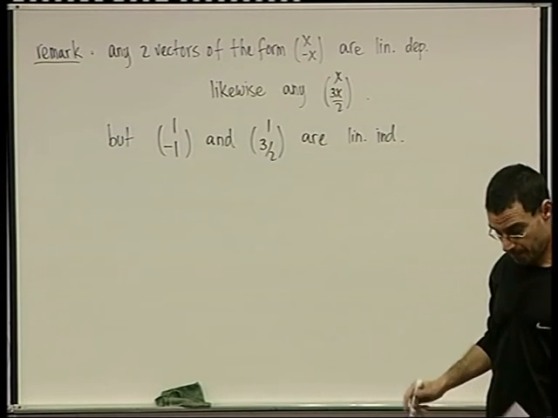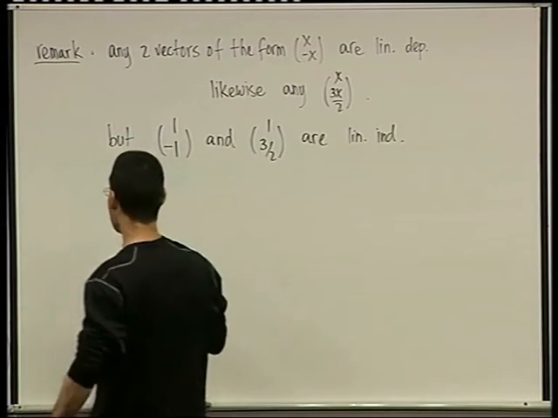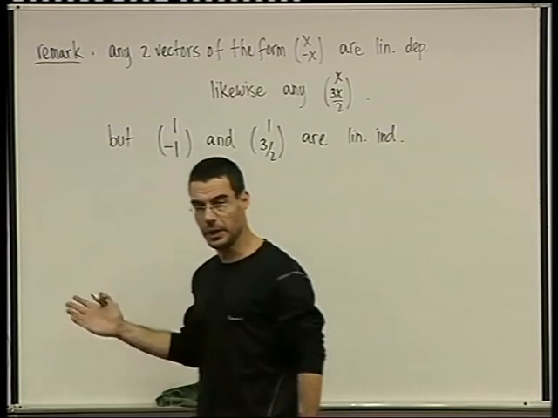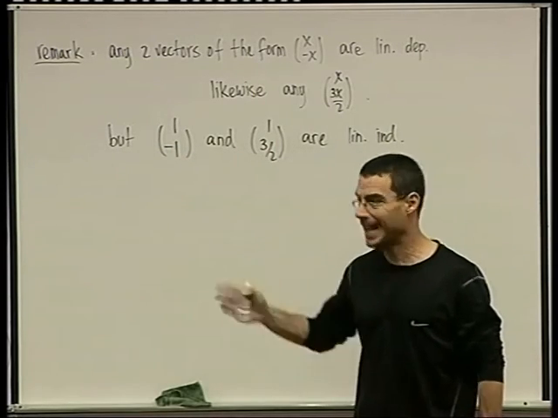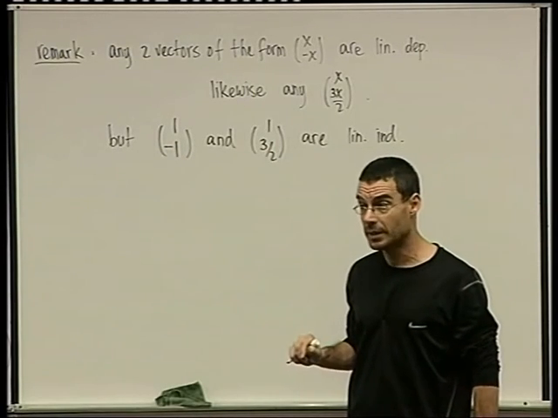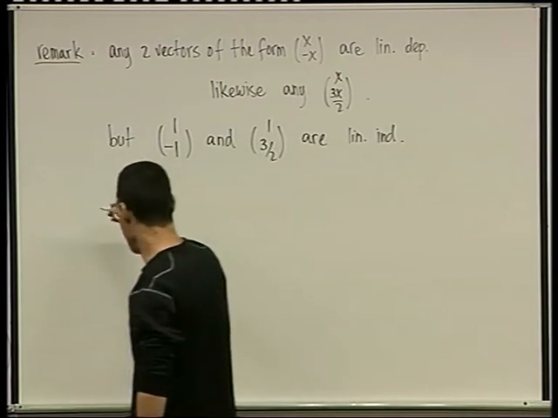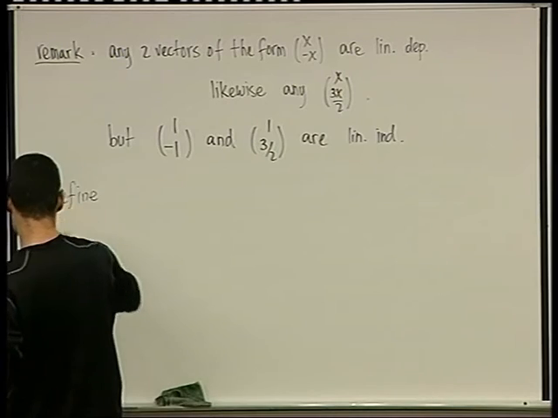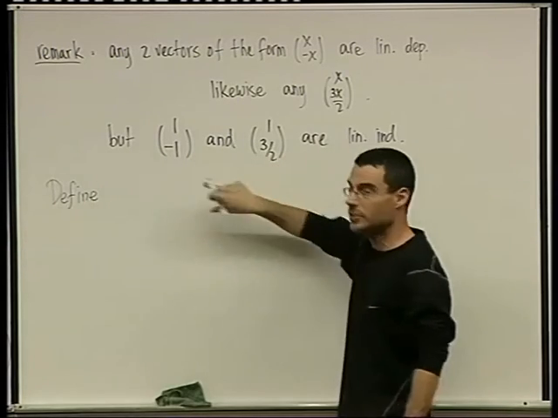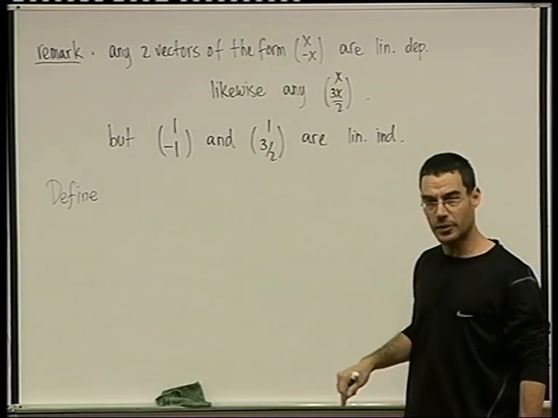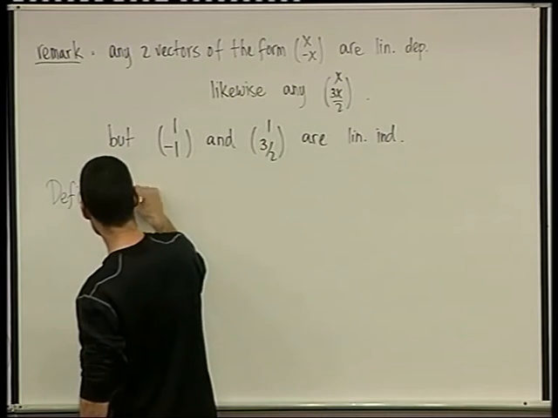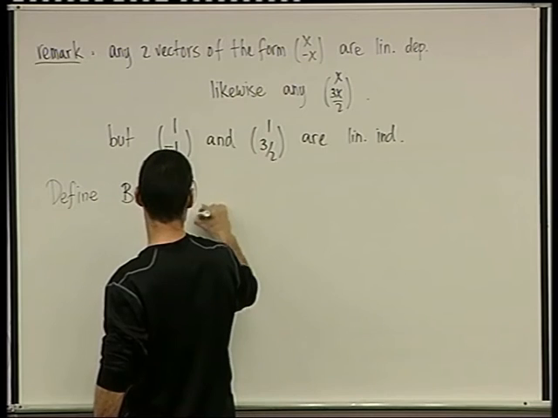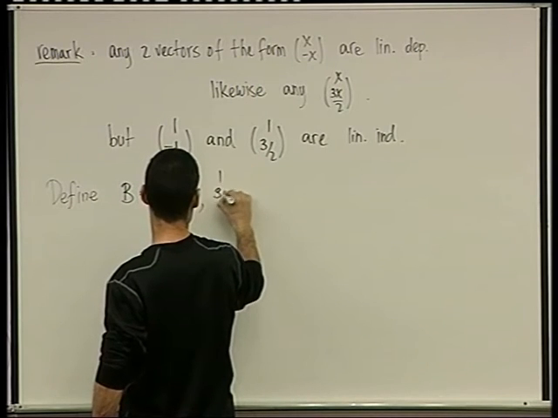Good? Okay. So now we're ready to complete our task, right? We want to diagonalize that 2x2 matrix A. Okay? So define, we know what we need to do. We need to take the basis comprised of these two eigenvectors. Define B to be the basis 1, -1, and 1, 3/2.